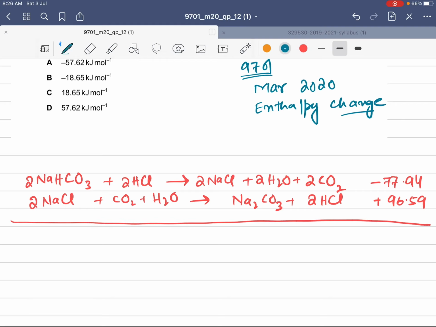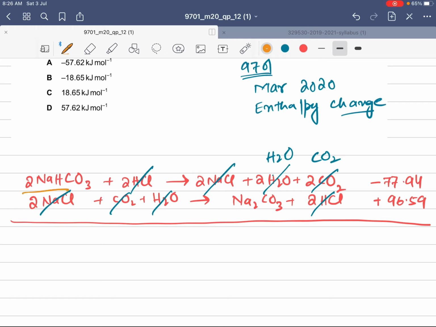Right? Now what you have to do is just simply add these two equations and you will get your answer. You can see that we have 2 moles of NaCl on both the reactant and product side. They get cancelled out. 1 mole of carbon dioxide, 1 mole of carbon dioxide, we are only left with 1 mole of carbon dioxide. Water would be cancelled with water, we are only left with 1 mole of water. And 2 moles of HCl would be cancelled with 2 moles of HCl. So finally we have our desired equation.